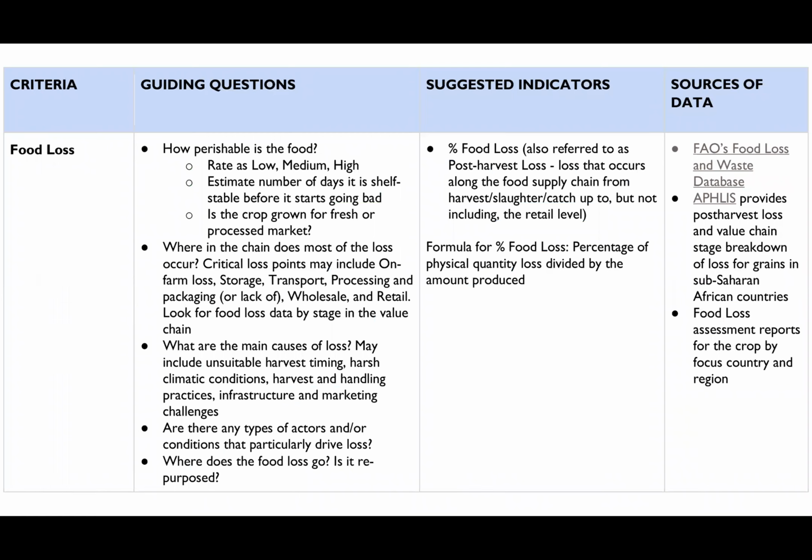These can be used in focus groups or in a workshop to walk through, for every crop, you can answer these questions, and it'll give you the most important information you need to understand food loss for that crop. And then we have suggested indicators and sources of data for those indicators. So we have this for the 12 criteria.